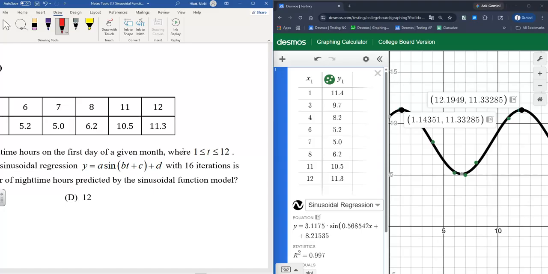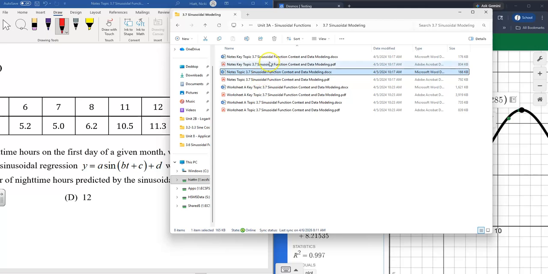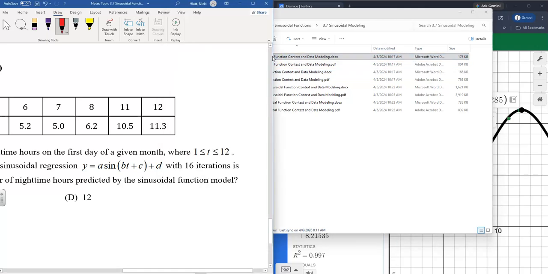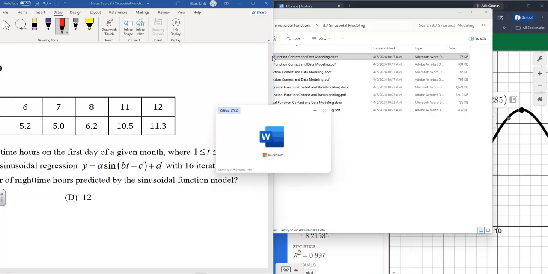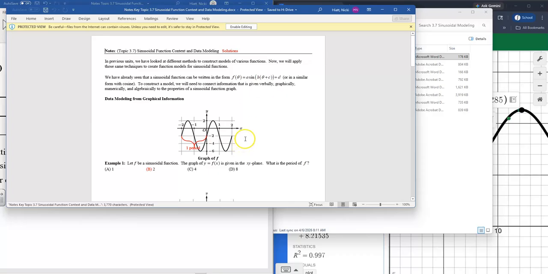So let me look at Mr. Passwater's answer key on this and see. I'm leaving 11 just to round down, but I don't love this question.